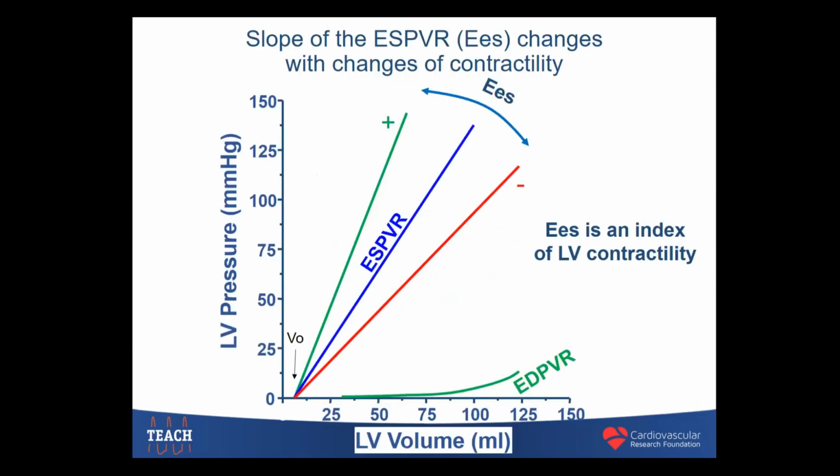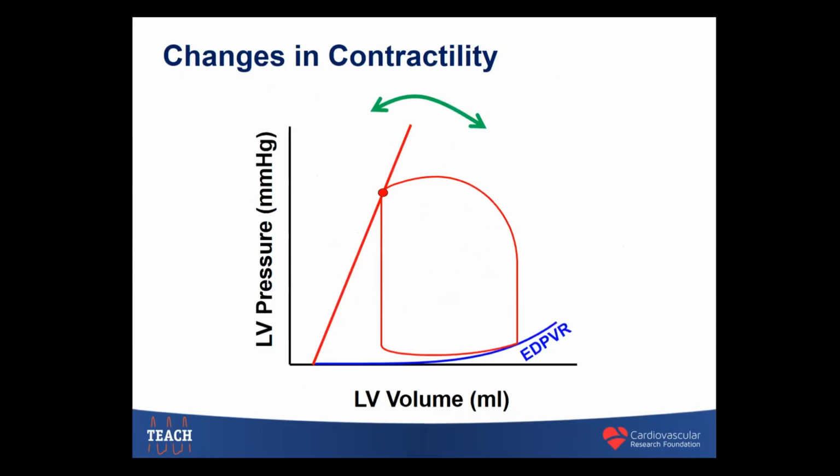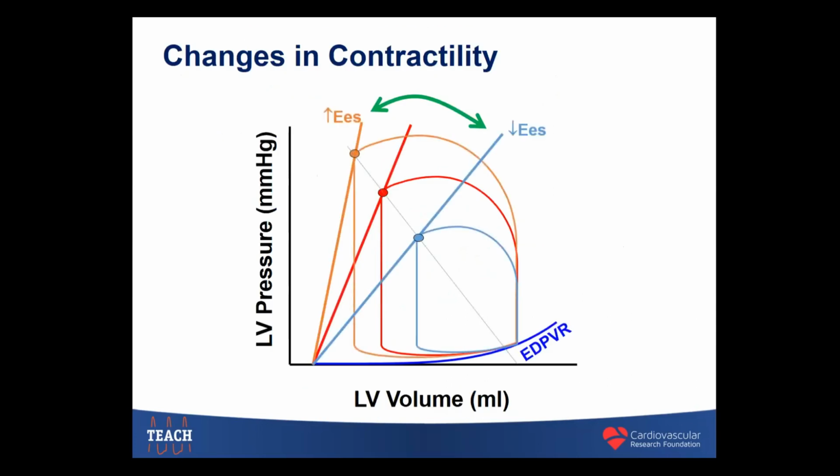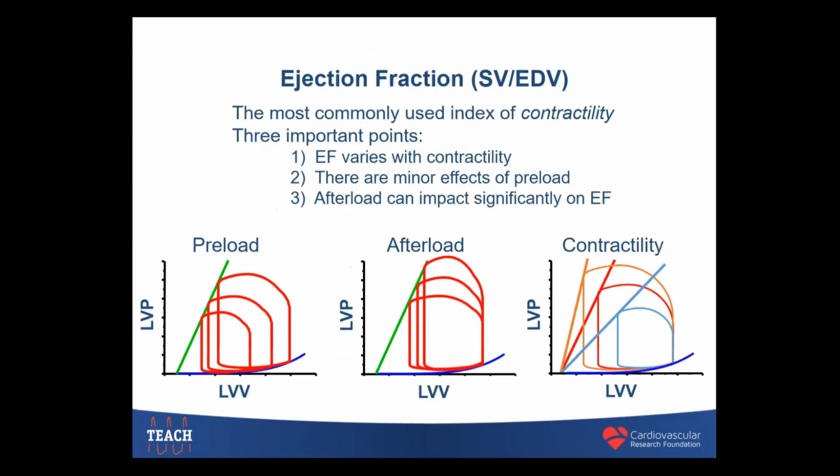And this is just showing it on a pressure volume loop. You can see that if you increase contractility, it shifts to the left. If you decrease contractility, it shifts to the right. And you can see that contractility also can generate differences both in stroke volume as well as in the pressure that's generated. So I think it's important to keep in mind that we use ejection fraction all the time. You guys use ejection fraction, everyone does. And we do this because we don't really have a great way to describe ventricles.